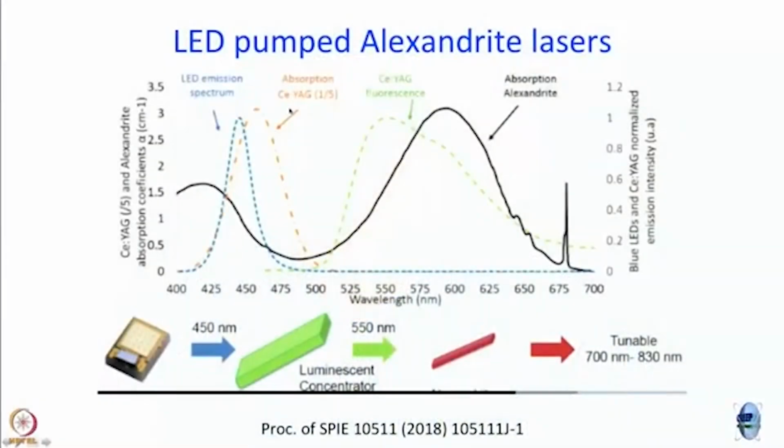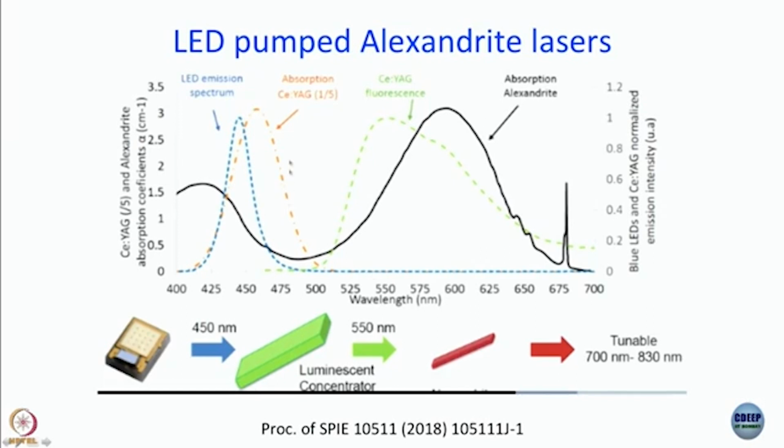Now, the concentrator material that is used is cerium YAG, and emission of cerium YAG is at 550 nanometer. Emission of LED is peaked at 450 nanometer, and it overlaps very strongly with the absorption spectrum of cerium YAG, which has a maximum at 460 or somewhere like that.